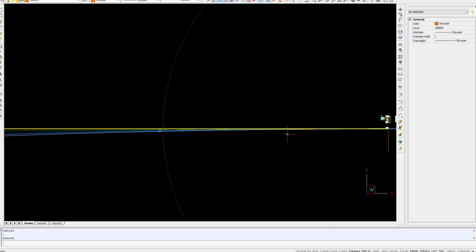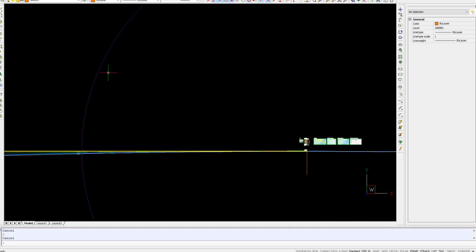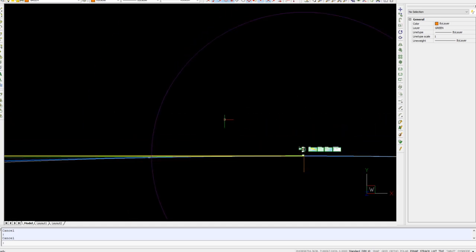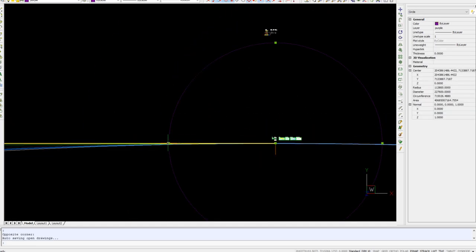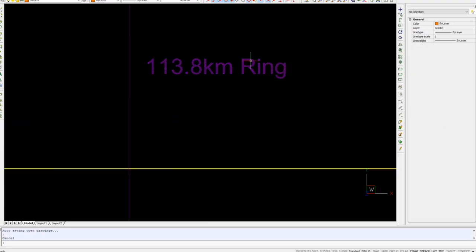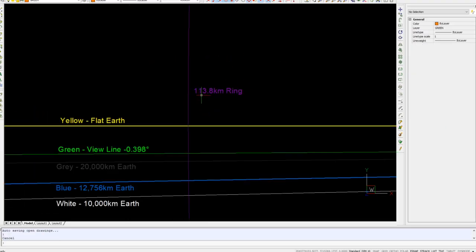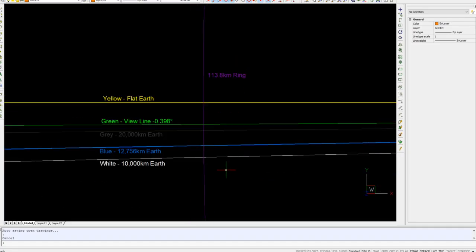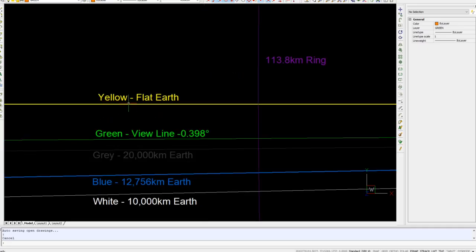So for the distance of 113.8 kilometers, I did this ring of 113.8 kilometers, so that's roughly where I would expect the intersections to happen. As you can already see, this yellow line is the flat earth line.